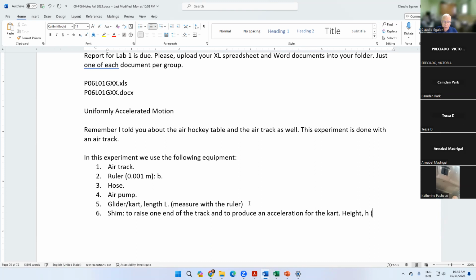And this one, by the way, is measured not with the ruler. This one is measured by the micrometer, okay? My micrometer has a resolution of 0.01 millimeters.